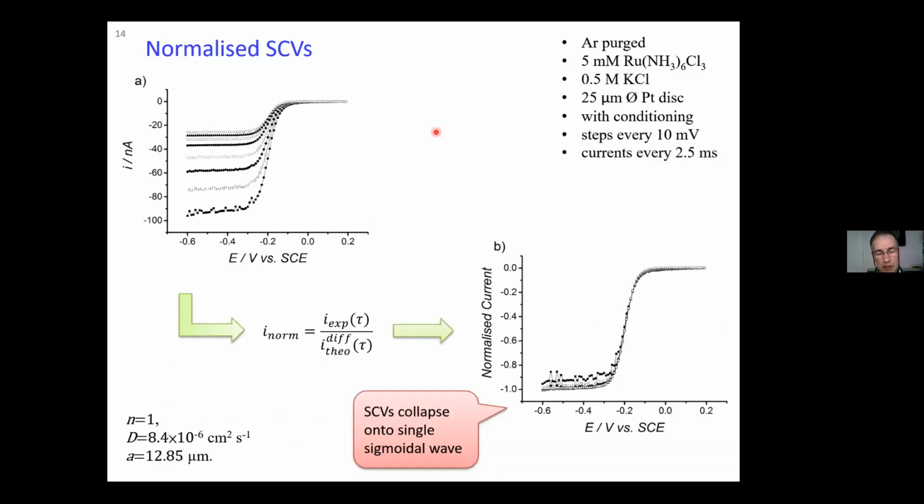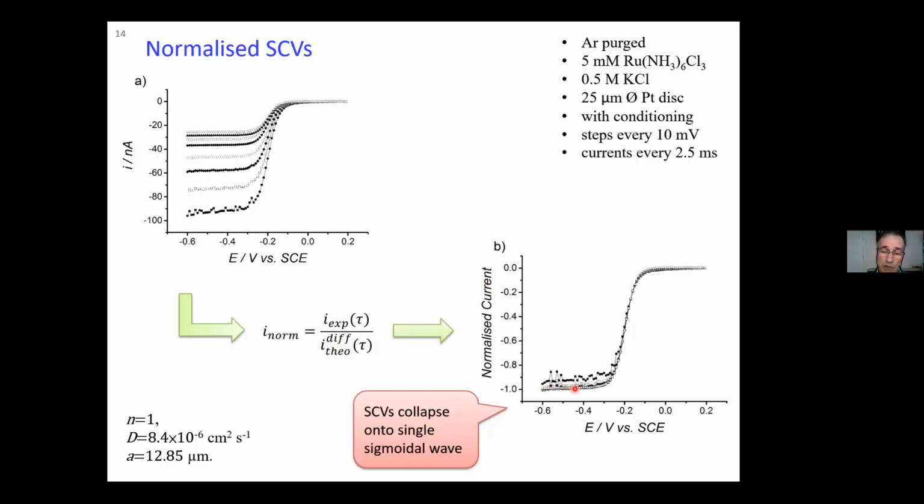What we do next is to normalize the sample current voltammograms by dividing the whole experimental data set with the theoretical diffusion control current that we can calculate with the Mahon-Oldham equation. I will show you in a second. So by normalizing the experimental currents with the theoretical currents using n equals 1, what we end up with is normalized sample current voltammograms.